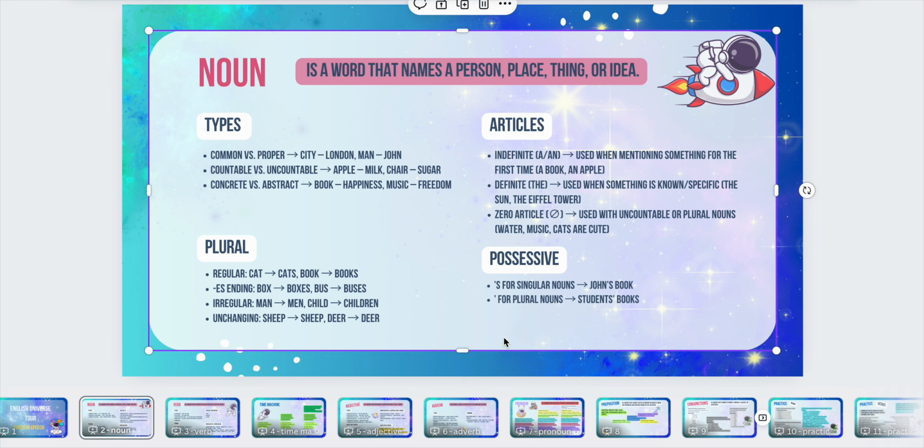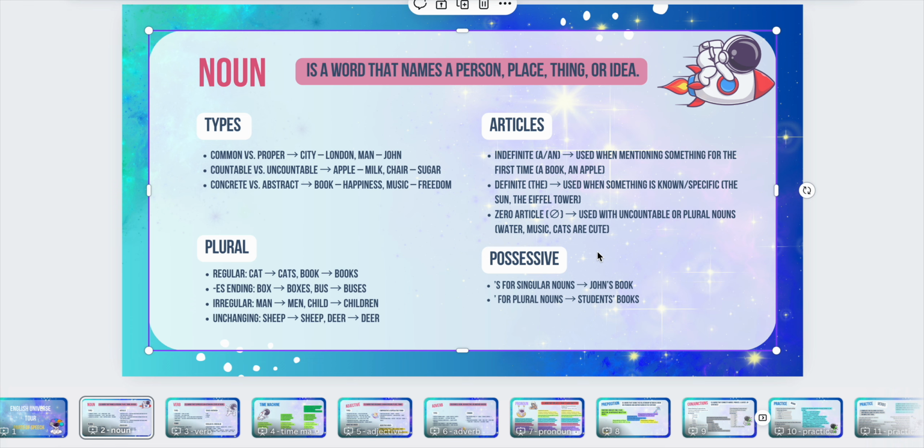Okay, and articles. Yeah, you will be practicing this because I have exercises for you. And when we talk about nouns, you know that a very important part of the English language is articles.